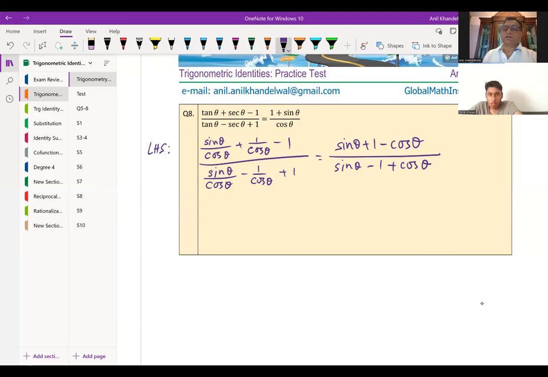One could be written as, so it's a very tricky question. We have 1 here. We could write 1 as sine square theta plus cos square theta. We could write that. But will that help us? No, sir. Not much, right?